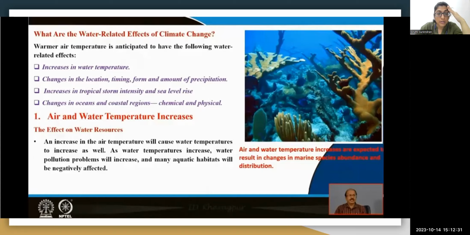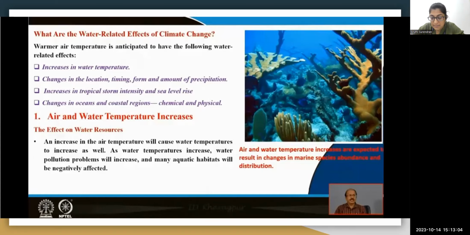As the temperature of water increases, this is going to result in many changes in the aquatic ecosystems, like the depletion of coral reefs. The temperature increase of waters in the ocean will result in processes like coral bleaching, which is going to deteriorate and kill the corals. Now, the death of these coral reefs is going to result in a lot of algal formation, an increase in algae.